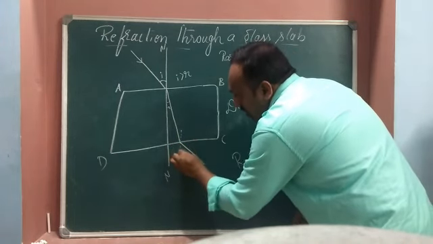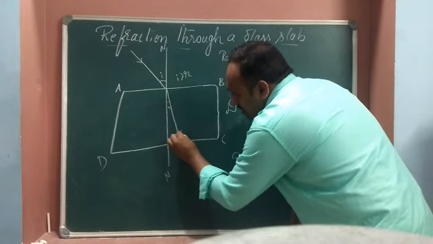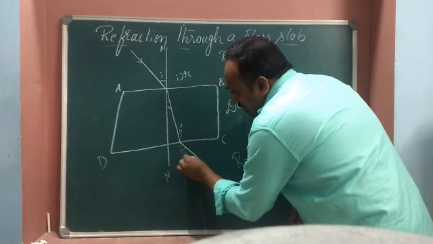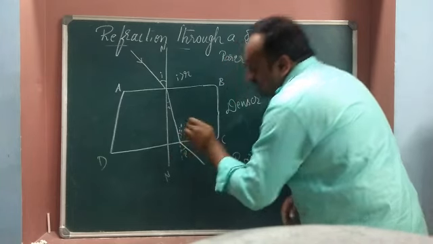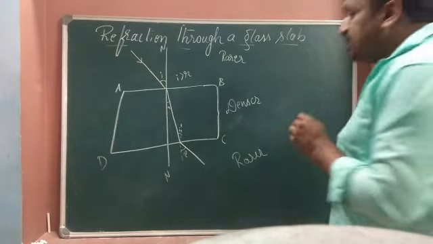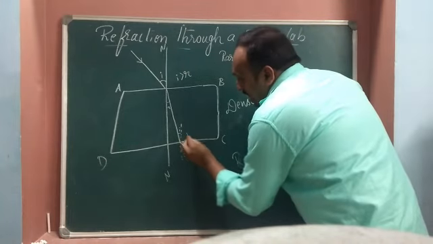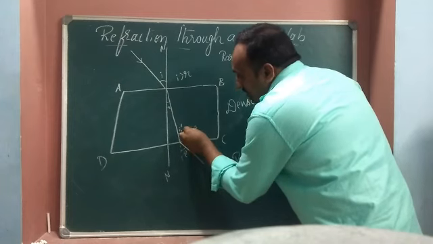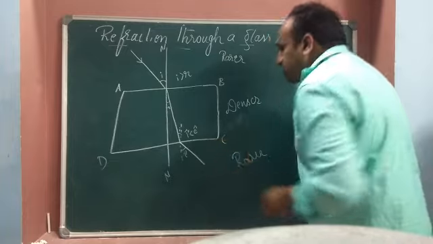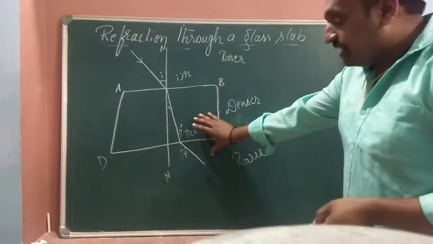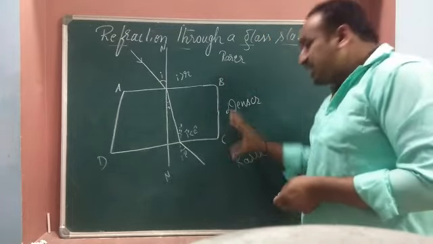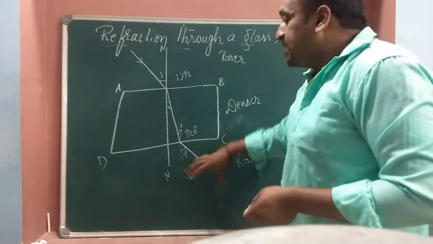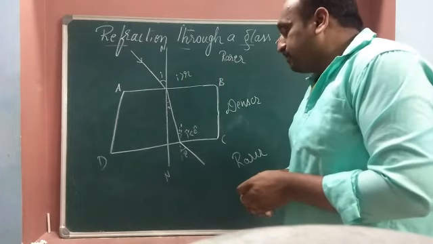So if I draw a normal here, I dash, and I will mark it as e, that is the emergent angle. Here it is very clear that angle i dash is smaller than the emergent angle e. Why? Because in this condition the ray of light is passing from denser medium to the rarer medium. It will bend away from the normal.